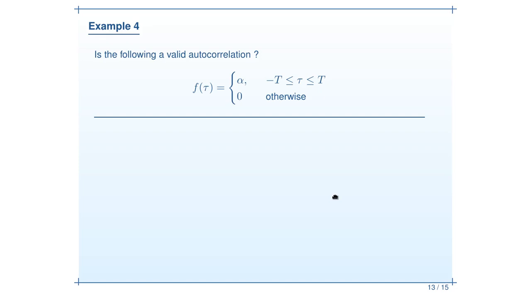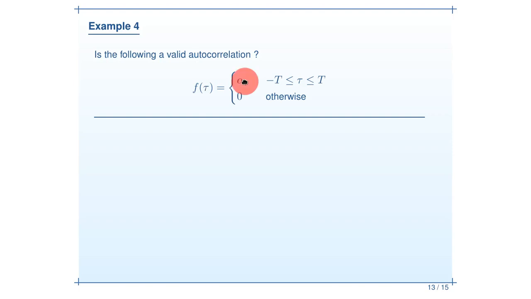Now, this is a continuation of the last example. We want to know whether this is a valid autocorrelation. So the autocorrelation is something like a rectangle, a pulse between minus T and T, 0 otherwise. Now this seems to be an okay function if you look at the properties of autocorrelation.